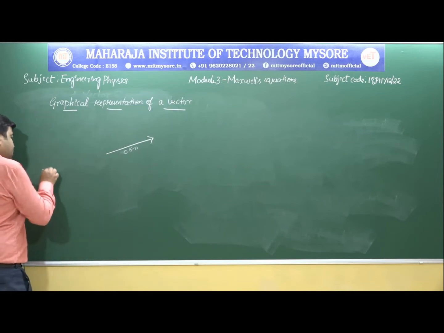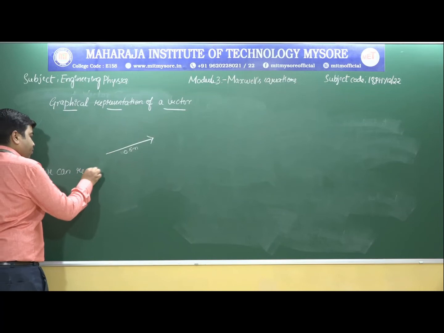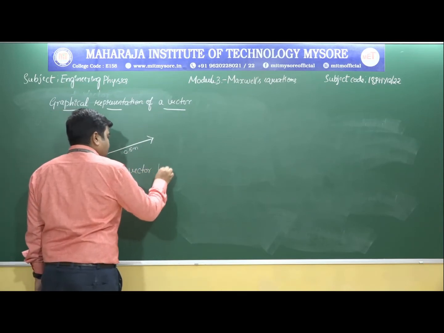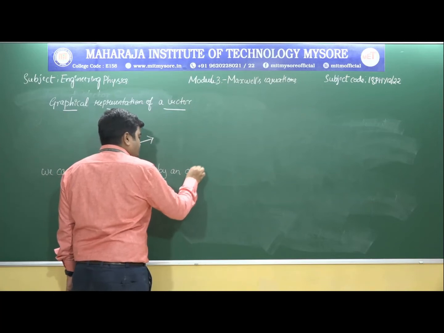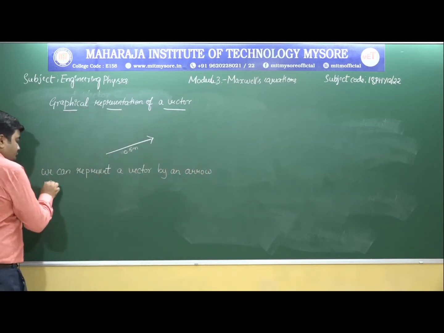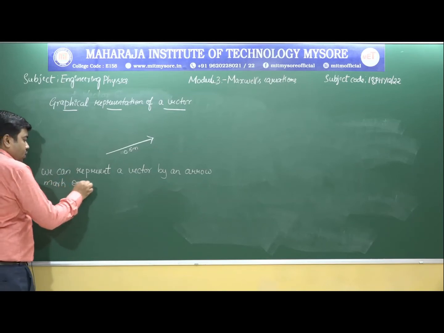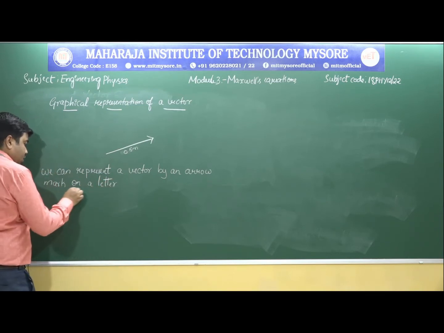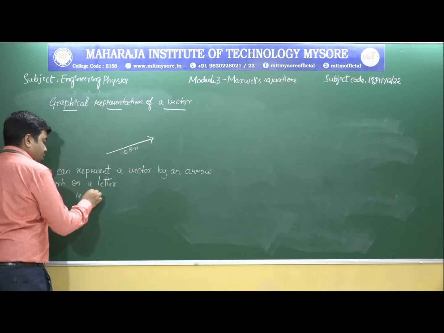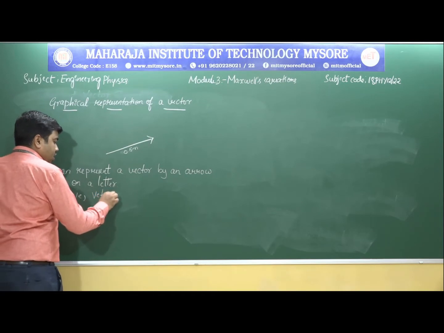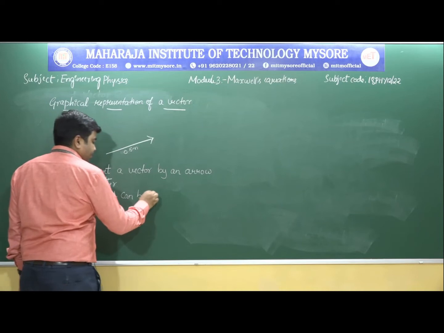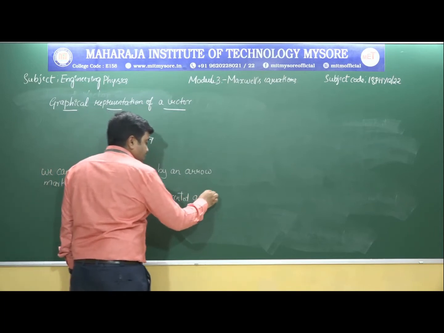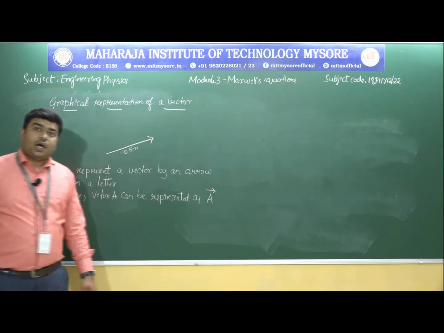Basically, we can represent a vector by an arrow mark on a letter, that is, vector A can be represented as letter A with an arrow mark on the head.